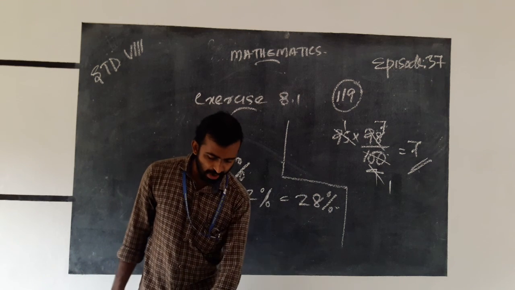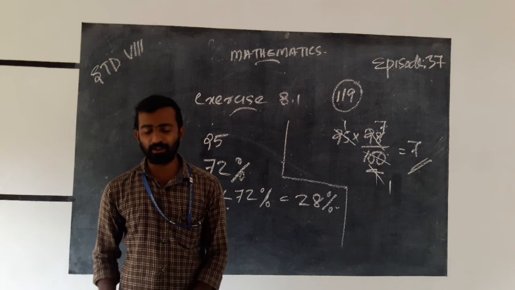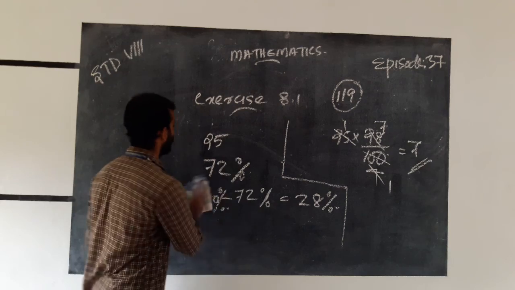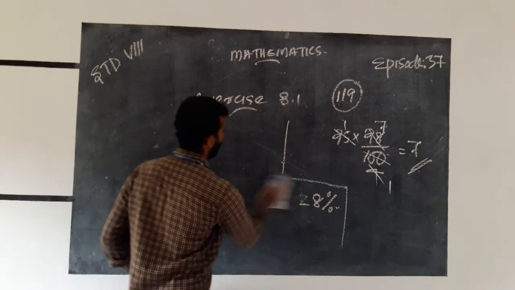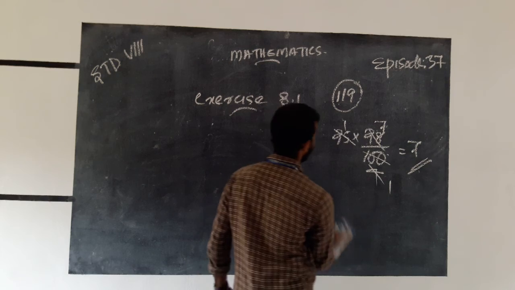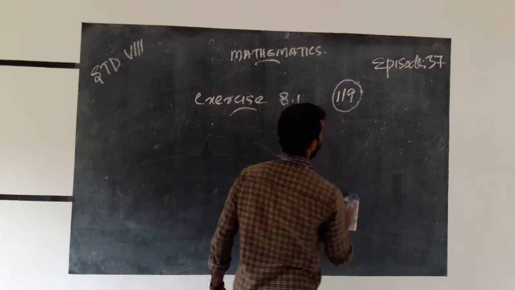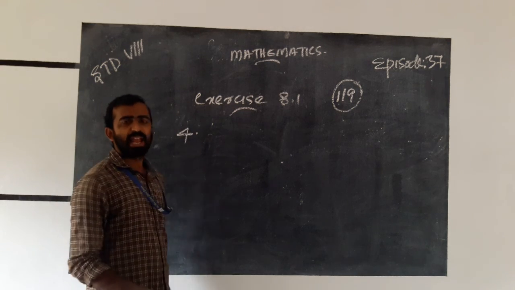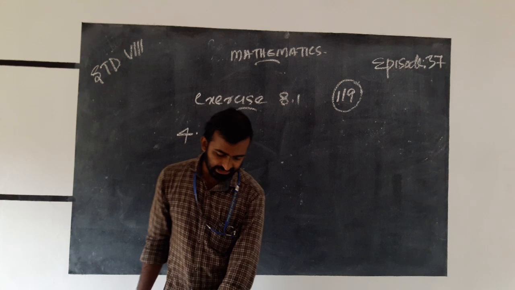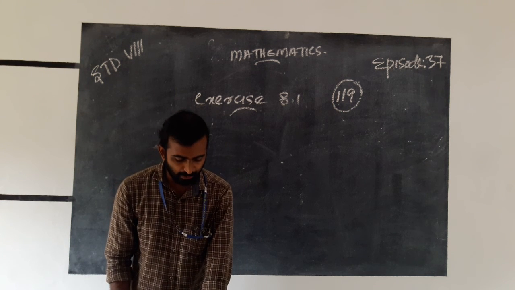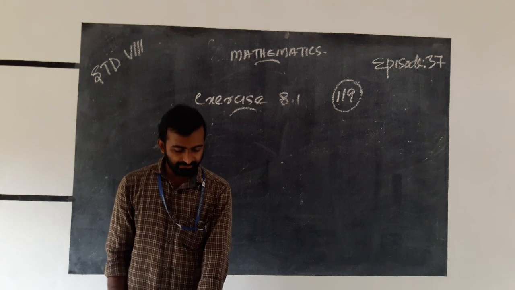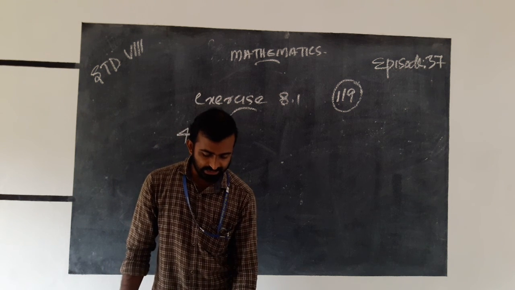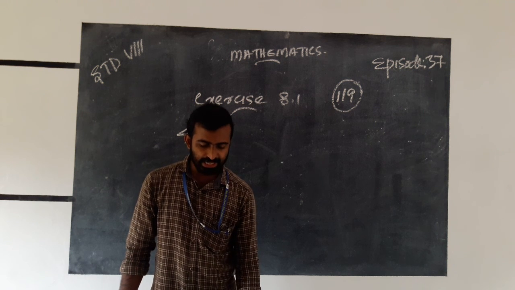The fourth question is: a football team won 10 matches out of the total number of matches they played. If their win percentage was 40, then how many matches did they play in all?